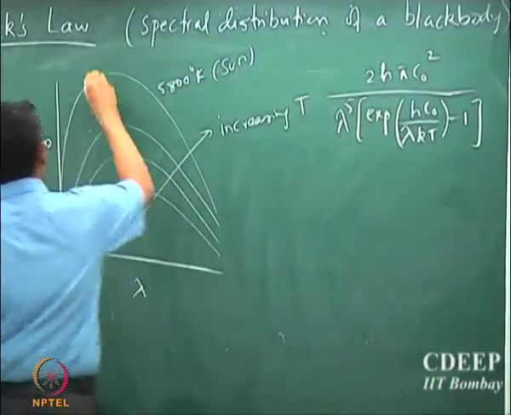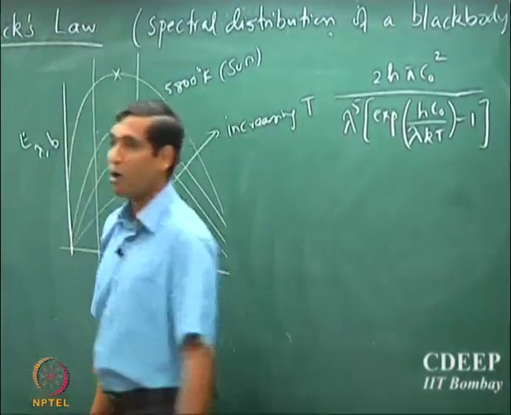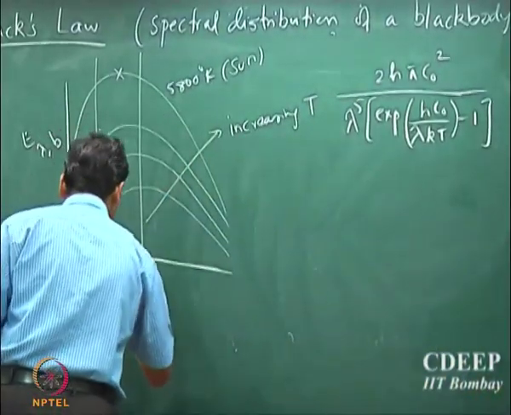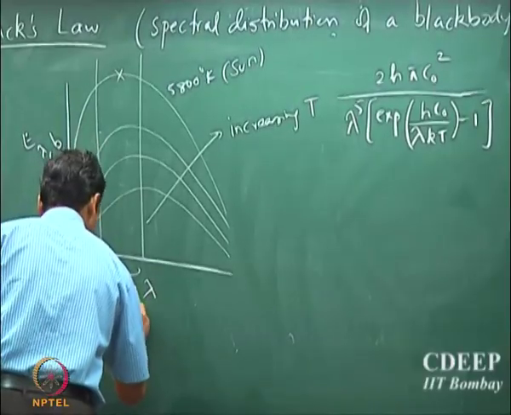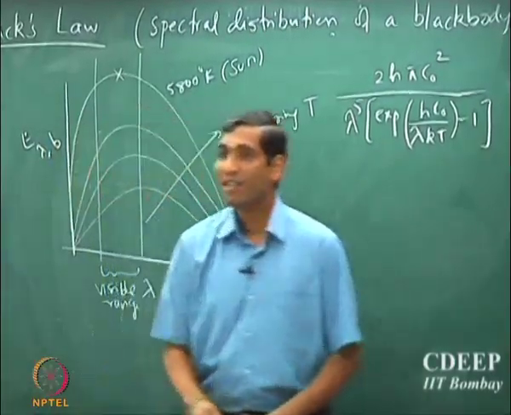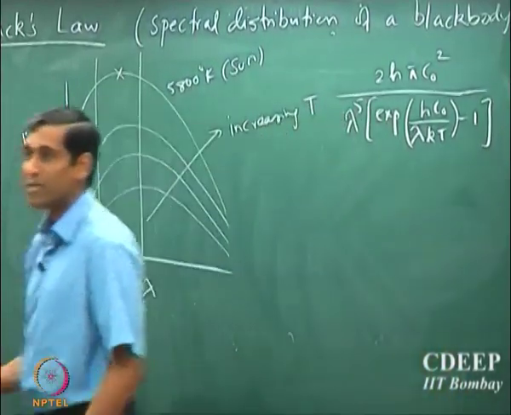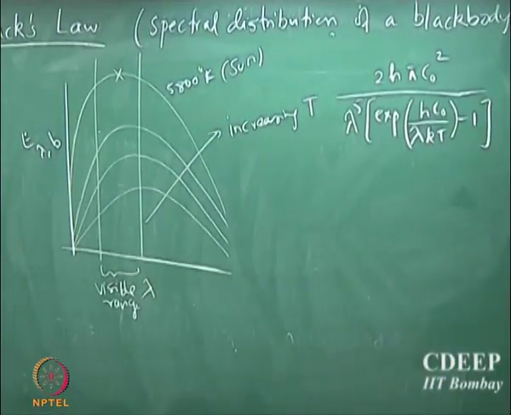It turns out that the maxima of that curve falls in the visible range, where we can see, right. Visible range is the wavelength at which we can see things, right.